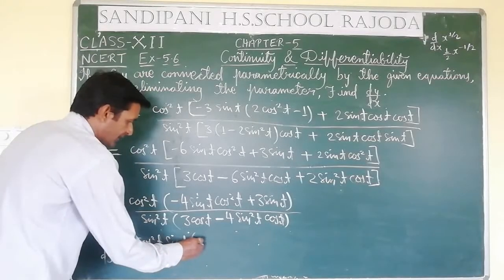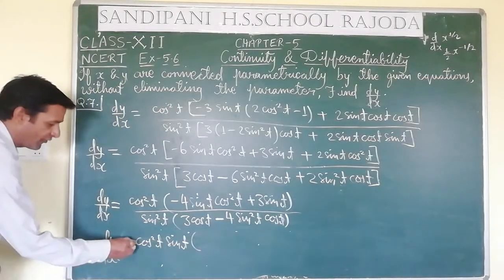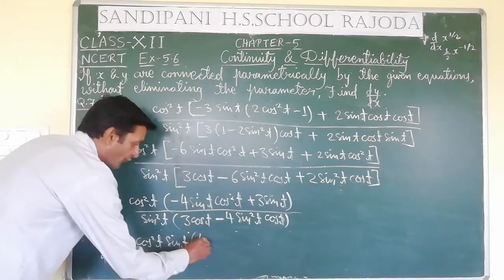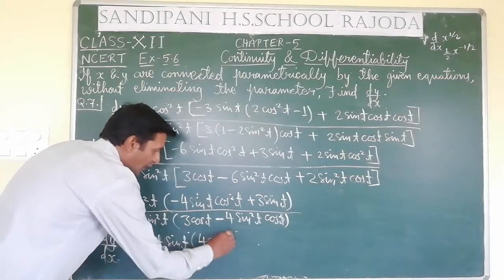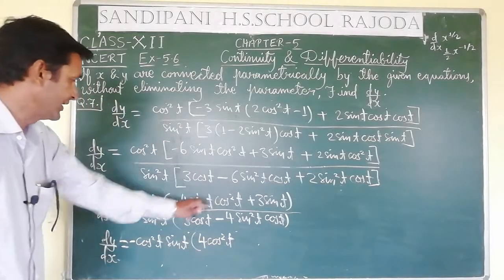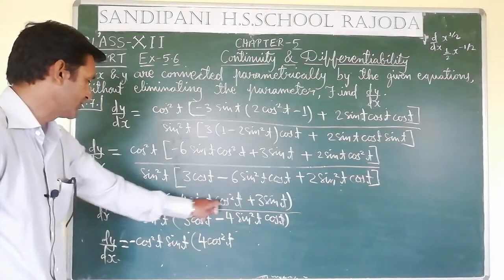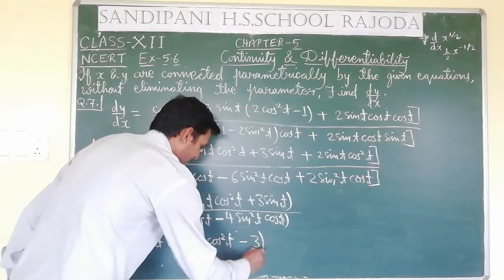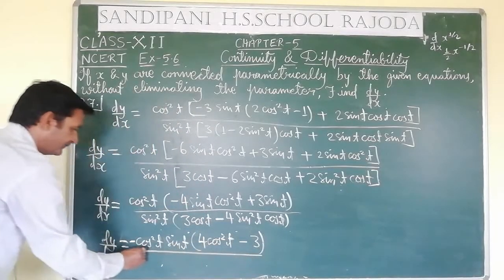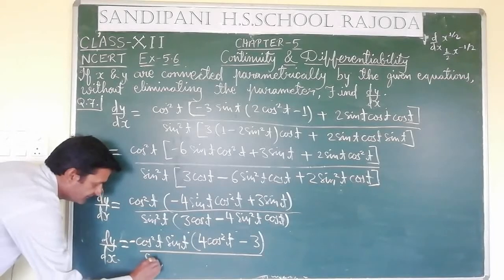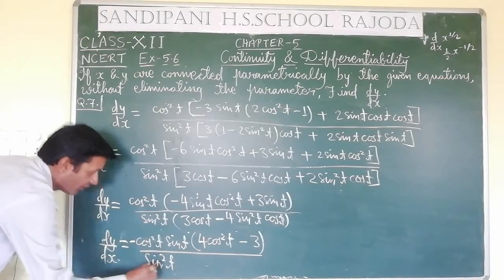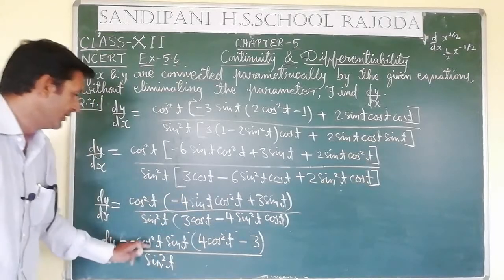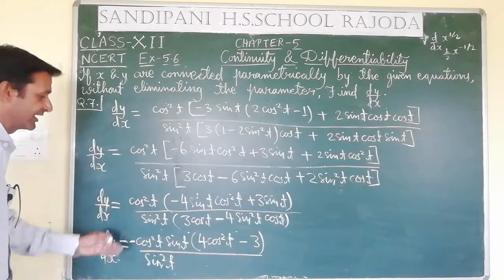Then if we take the minus sign also common, sin t is taken common, so 4 cos square t minus 3, upon, here sin square t is there. We have taken the minus sign common here. Please concentrate, it is the part to be focused. Minus sign common, there is a reason why we are taking the minus sign common.